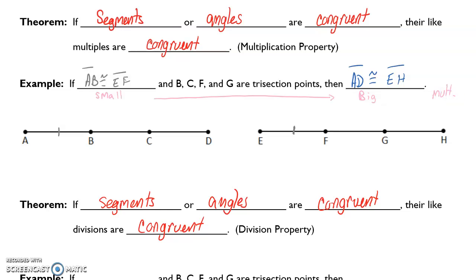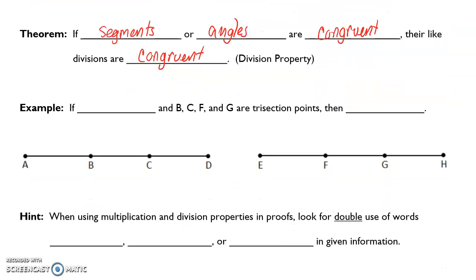Okay. The example for division is going to be kind of exactly the opposite. If my hypothesis or my given is that my big segment, segment AD, is congruent to segment EH, and that these segments are trisection points, and I'm going to small, I can then conclude that maybe segment AB is congruent to segment EF.